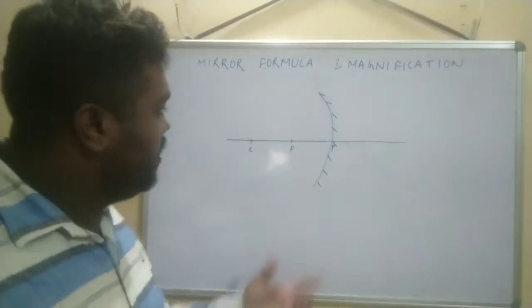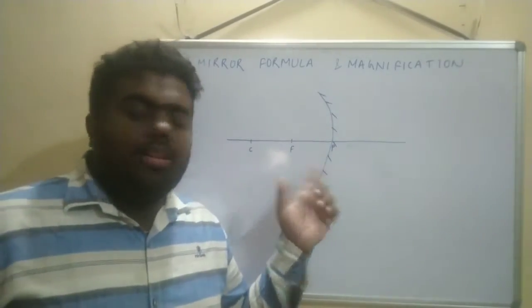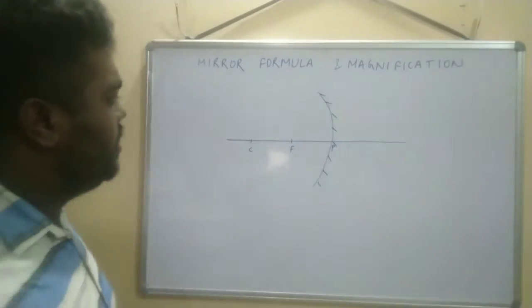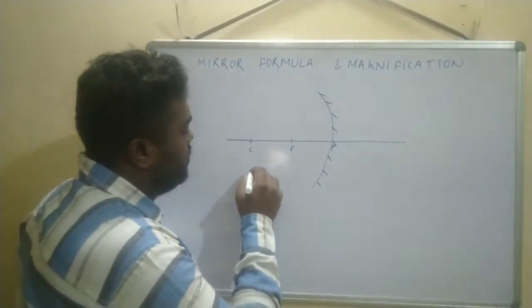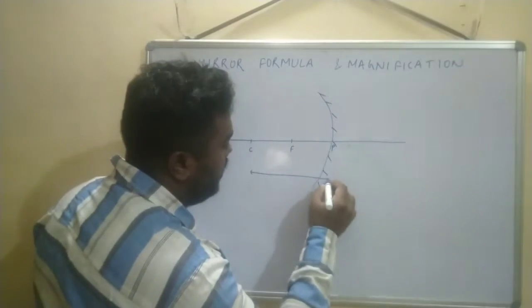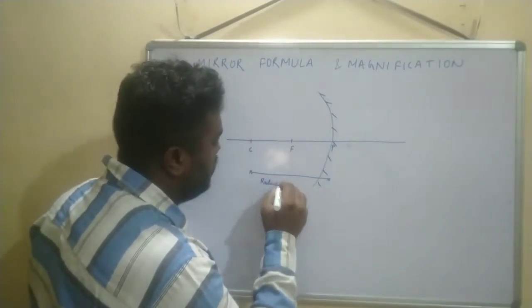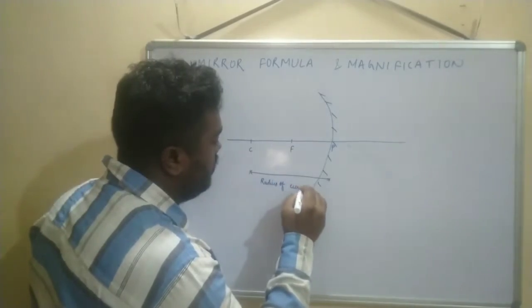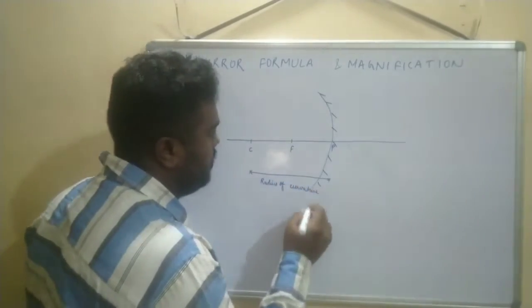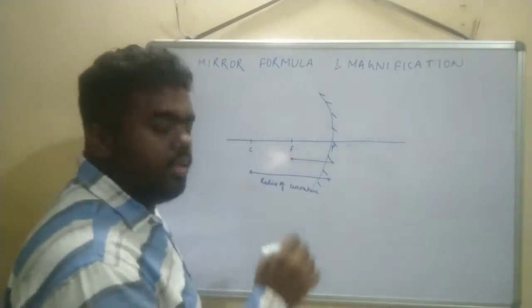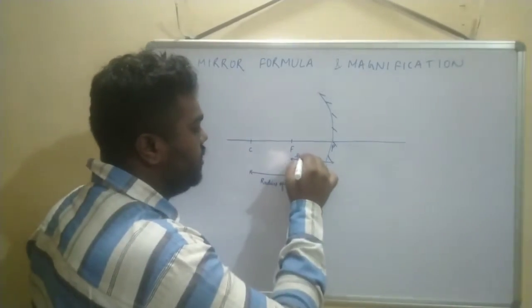So this is pole, this is focus, and this is center of curvature. Now the distance between the center of curvature and the pole is radius of curvature. The distance from focus to pole is focal length.